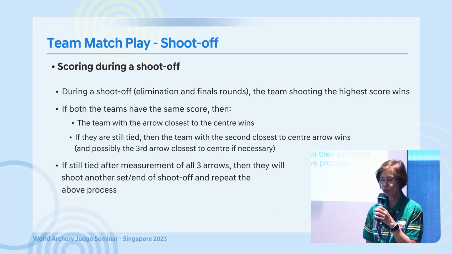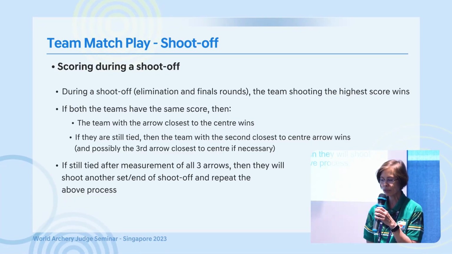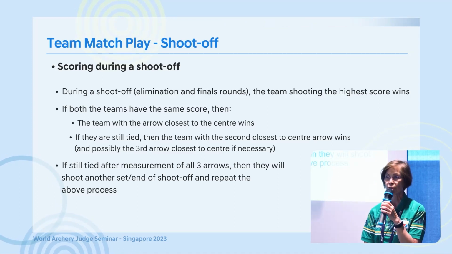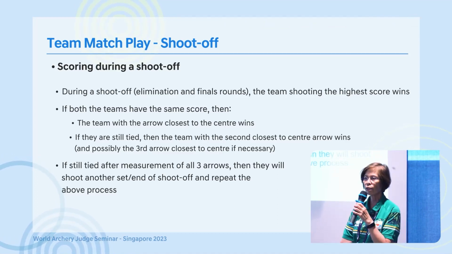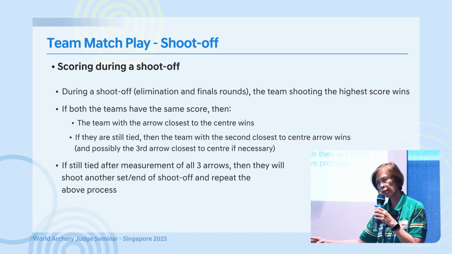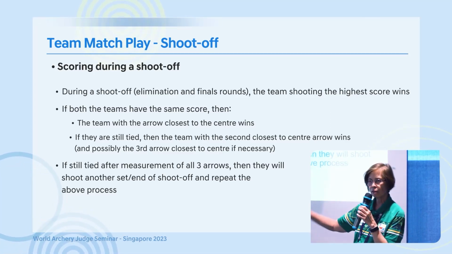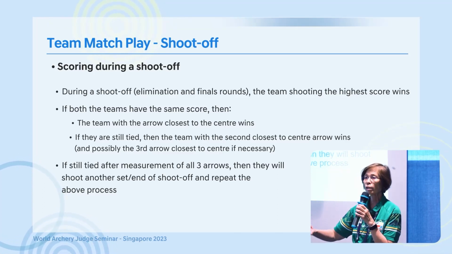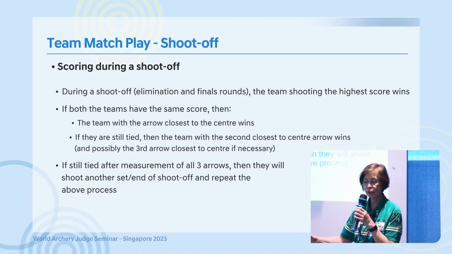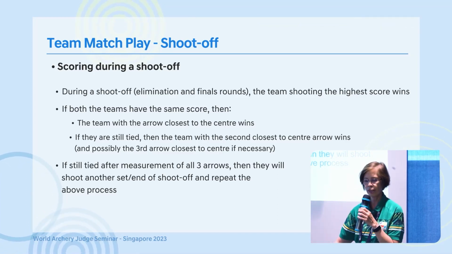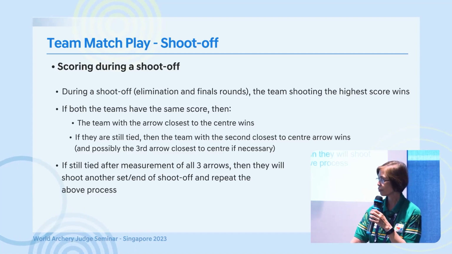And then if both the teams have the same score, then what happens? Okay, the team with the arrow closest to the center wins. If they are still tied, you go to the second arrow. If they're still tied, you go to the third arrow. And if still after measurement of all 3 arrows, it is tied, did that ever happen?